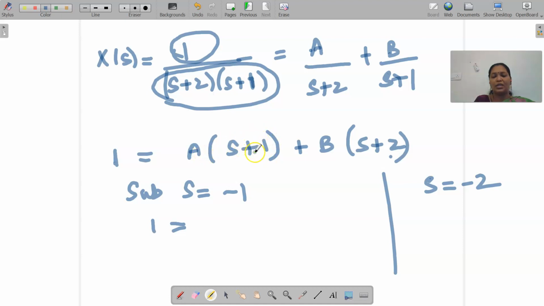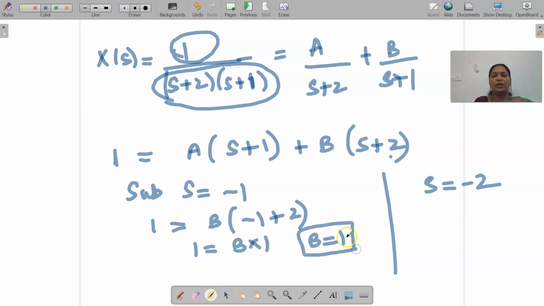A into 0 is nothing but 0. So this whole term gets cancelled. I will get only the second term. So b of, what is s value? Minus 1 plus 2. So 2 minus 1 is nothing but 1. So you have only 1 here. So it is nothing but b is equal to 1.